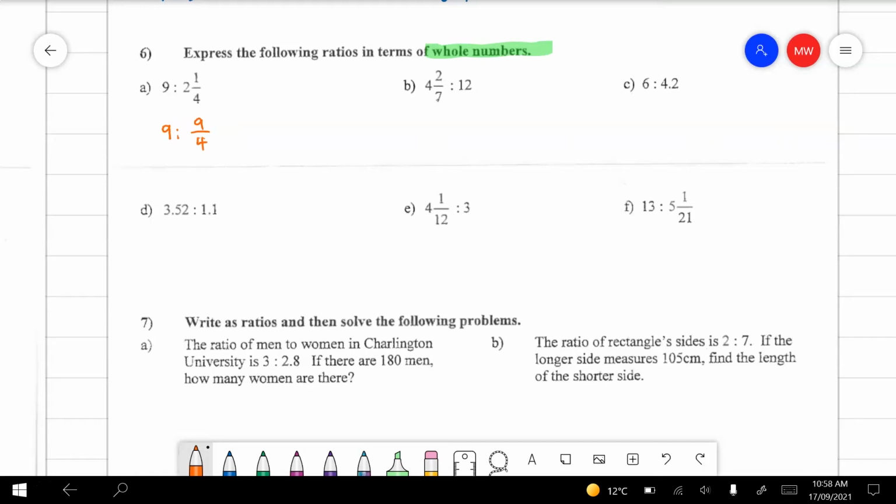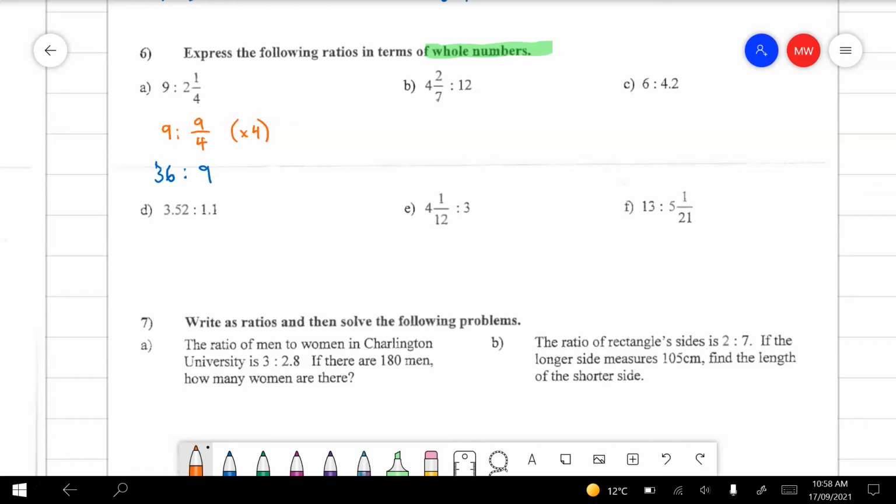So now what I can do is make this one 4 times bigger on both sides. So 4 times 9 gives me 36. And remember that 4 times 9 quarters just gives me a nice 9 because we've made it 4 times bigger, so it's just a bit clearer.